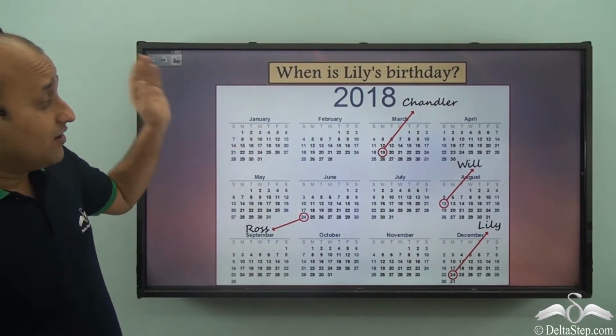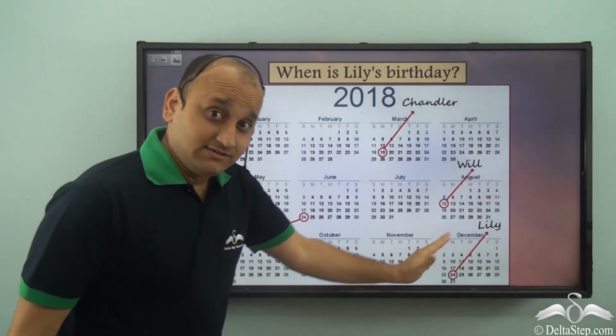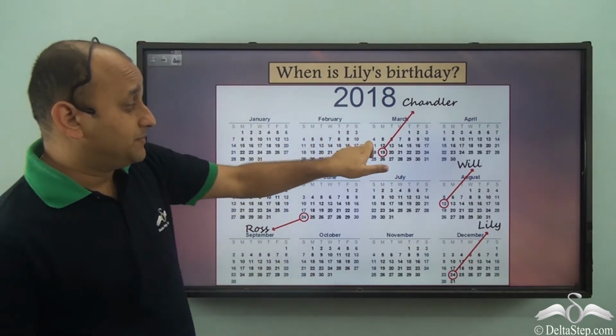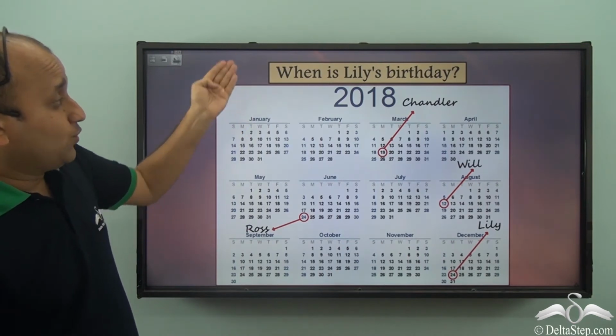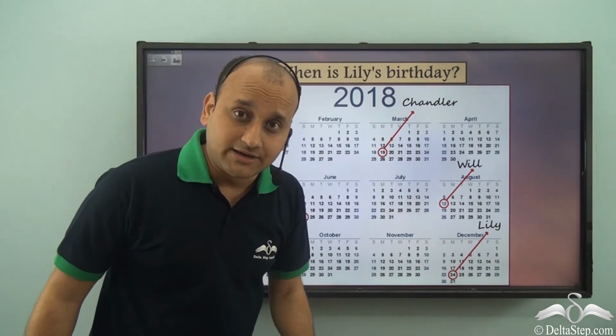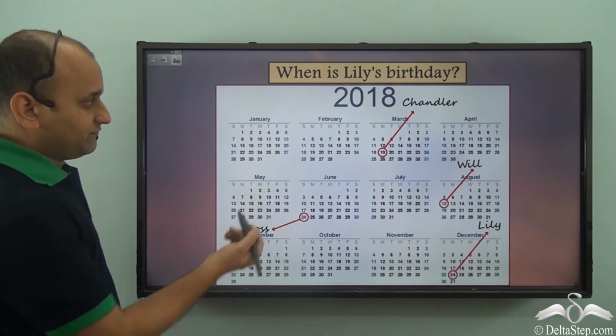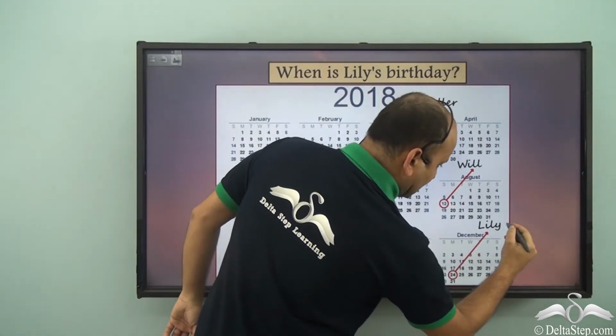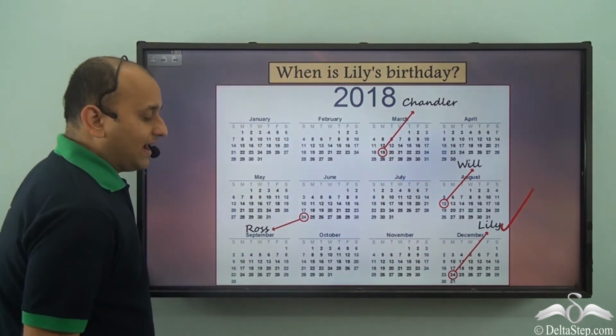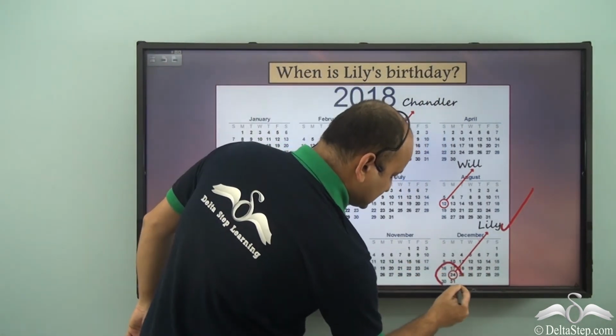Now, here we have a calendar on which birthdays have been marked. Now, we need to find out when is Lily's birthday. So, what do we do? Well, we find out where is Lily's name mentioned. Well, it's mentioned here. And what is the date?